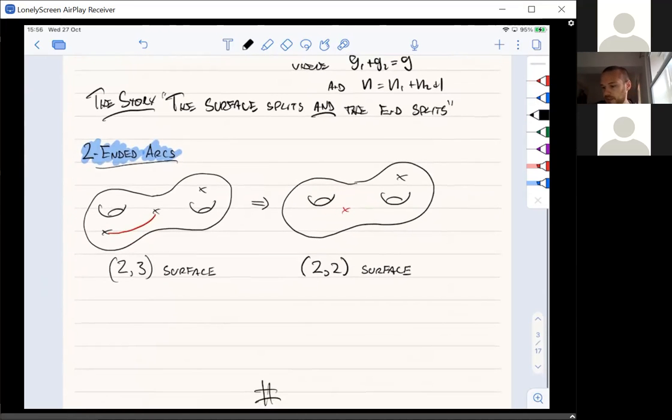Okay, so finally we have 2-ended arcs, and here the story is very different. When you cut along this, or you remove this arc from your surface, any disk, let's say, that surrounds both punctures in the complement just surrounds one.